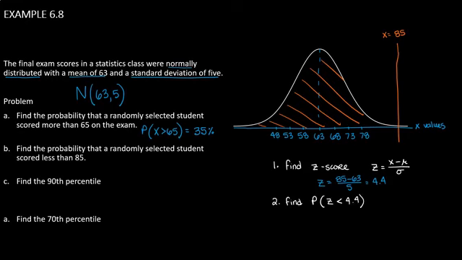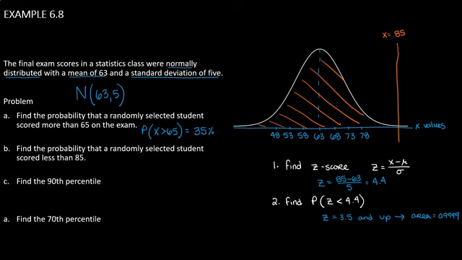And reading our table to find the z-value of 4.4, we'll see that z-values above 3.5 result in an area of 0.99. Now notice that for this problem, since we were looking for left-sided area, I did not have to use the complement. However, because this z-score is so large, we're going to exceed the values on our table.